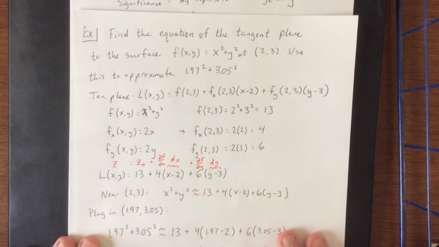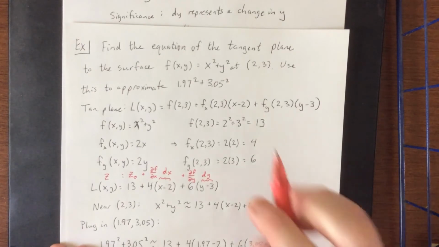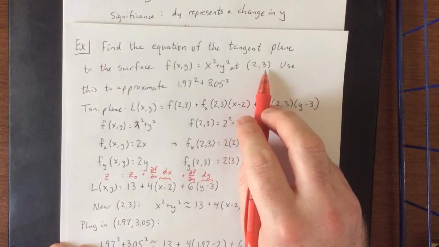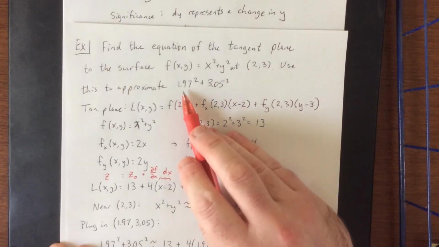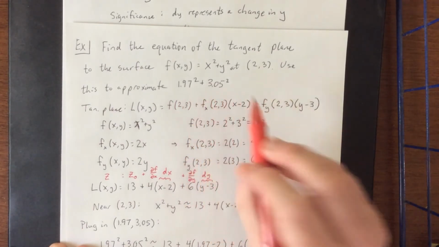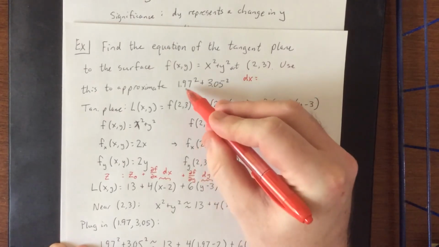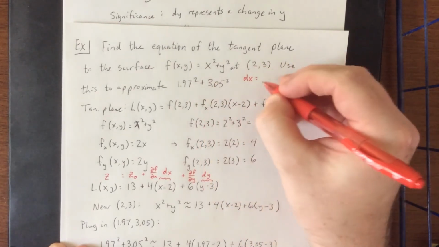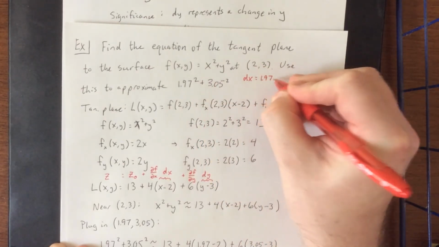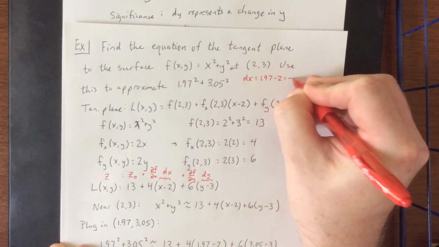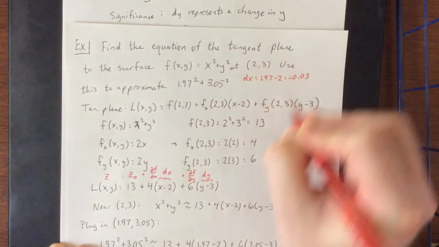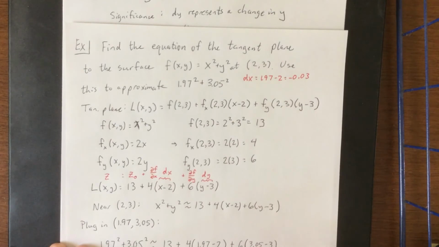Now also within the context of the problem, you'll notice that we started at the point 2, 3, and we moved to the point 1.97 and 3.05, telling us that dx in this case would have been equal to where we stopped minus where we start, so 1.97 minus 2, so the overall change in x was equal to negative 0.03.